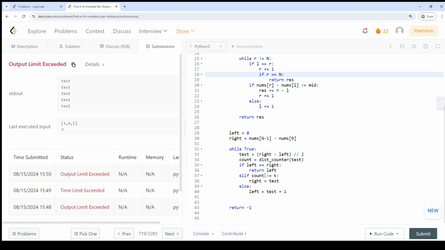Else if count is greater than k, right is test, else left is test plus 1. So now we have 3. We don't have 3. We have left is test plus 1. So the left is 3, right is 5.